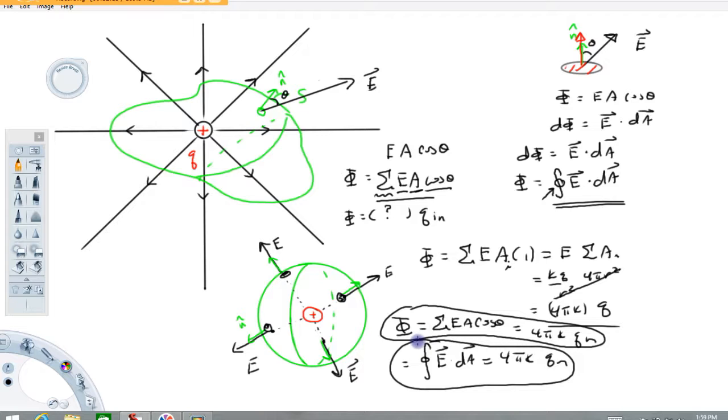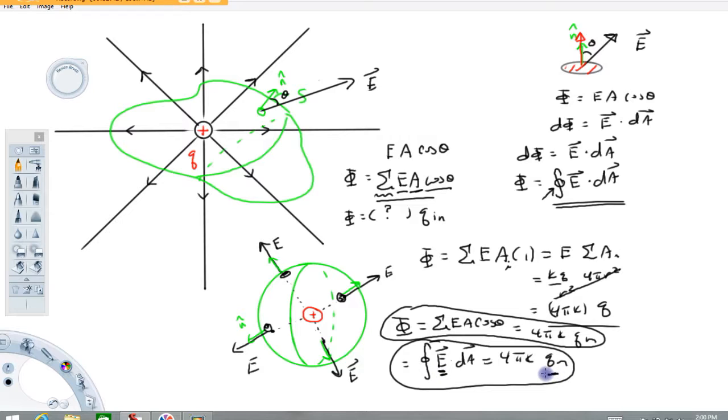And Gauss's law is a law based on electric flux that relates the electric field to the charge inside the surface. Important uses for Gauss's law? Well, electric fields can be very difficult to calculate, especially when the problems get three-dimensional. Gauss's law gives an alternative way to figure out what the electric field looks like around various charge distributions.